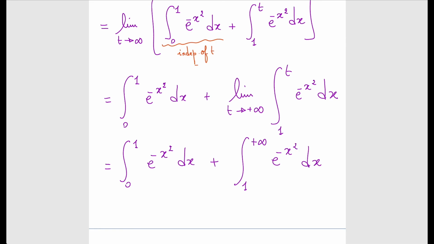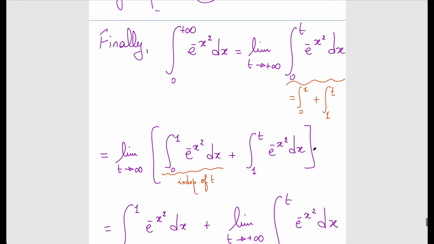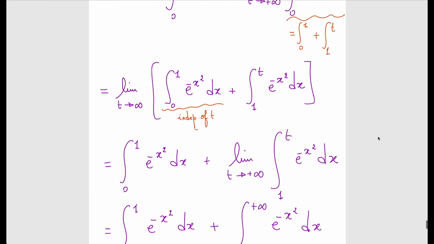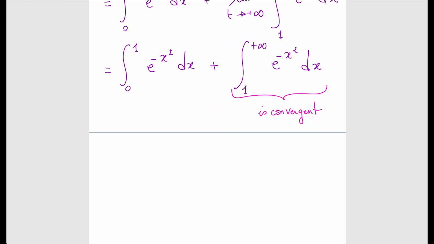And then now put things together. What do we know about this? What do we know about this? This is convergent, right? We know this from above, correct? This is from here. Where is it? It's right there. This is convergent. Okay. And what do we know about this part? Well, this is continuous on 0, 1. This function is continuous on 0, 1.